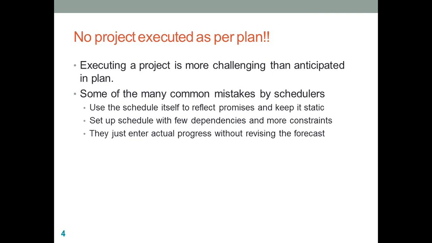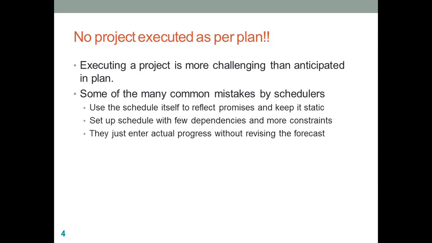The third common mistake is that they update their actuals, which is their percentage complete and how much work is pending, but they don't try to revise the estimate based on the new productivity figure of their team members. So these are the general common mistakes of schedulers in terms of using Microsoft Project.